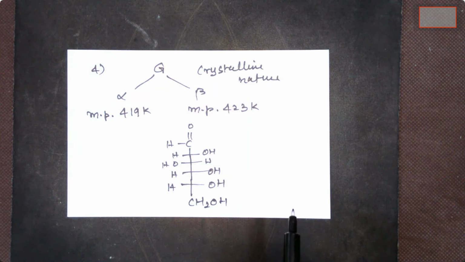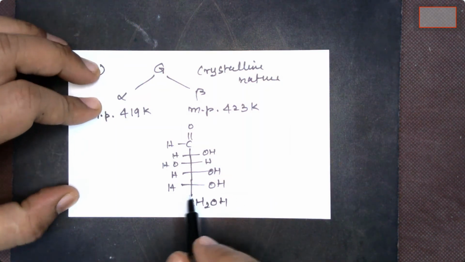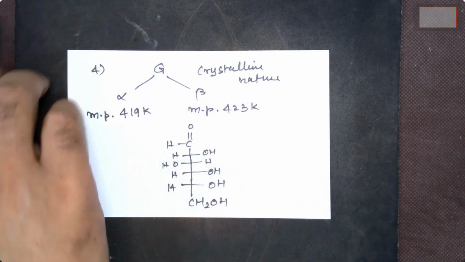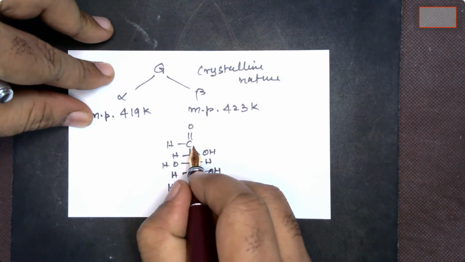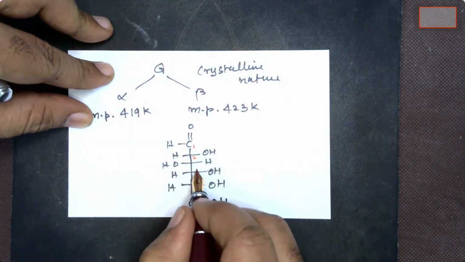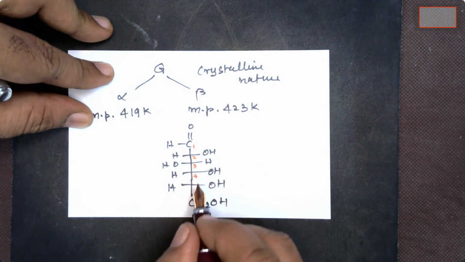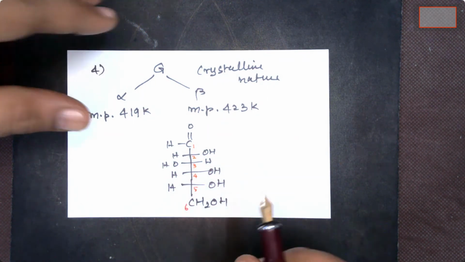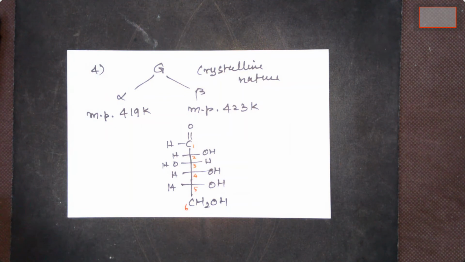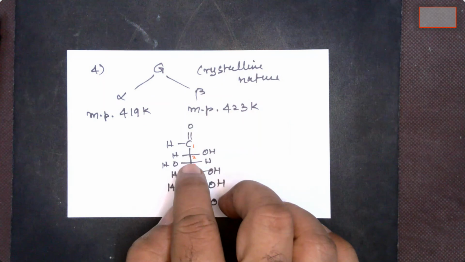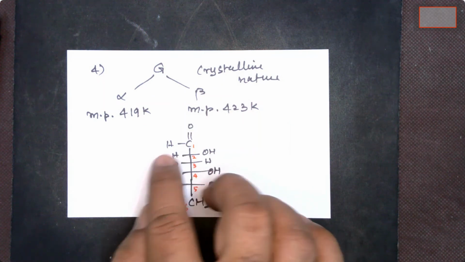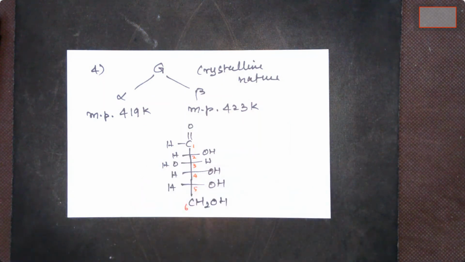Let us count from here: first carbon atom, second, third, fourth, fifth, and this is the sixth carbon atom. Please note down, from the top, the third carbon atom has the hydroxyl group on the left side. That should be remembered.